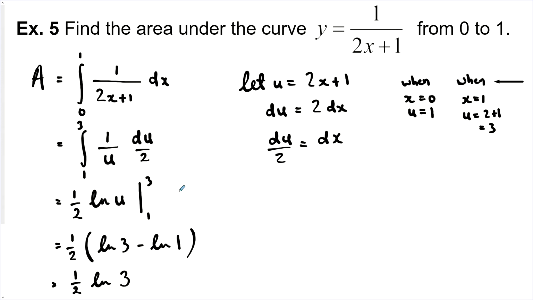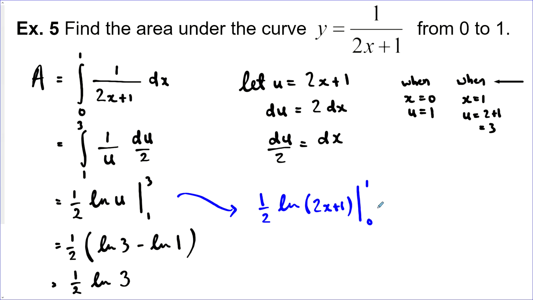Now, some students do not like to find the new limits of integration. So at this step here, after they've used the substitution and found the antiderivative, they want to put the x equation back in. So that eliminates u, and then they can use the original limits of integration.